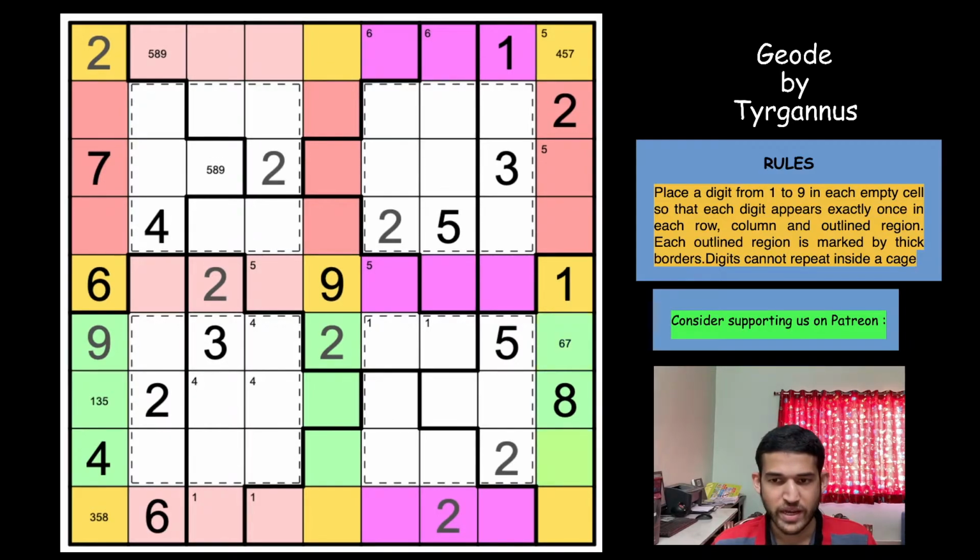Okay, row 8 column 9 cannot be 2, 4, 8, 9, 1 or 5, it's 3, 6 and 7. Okay, row 4 column 1 has to be 1, 3 and 8.